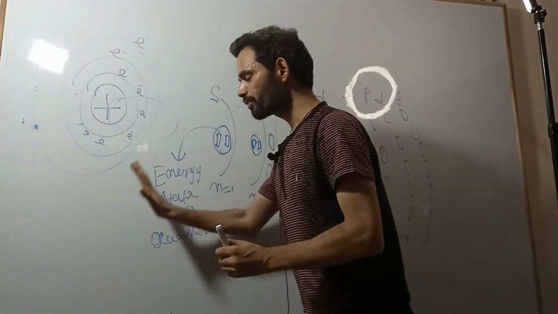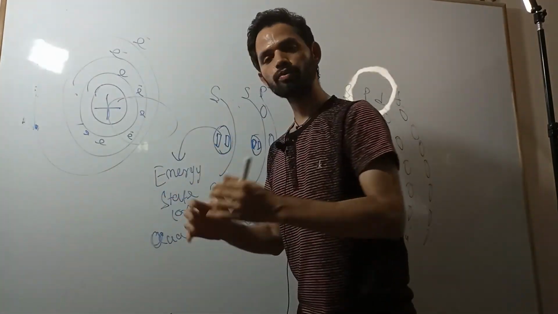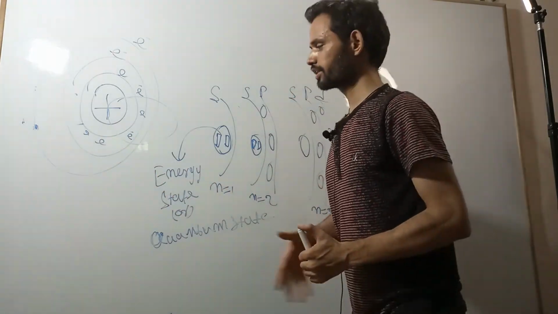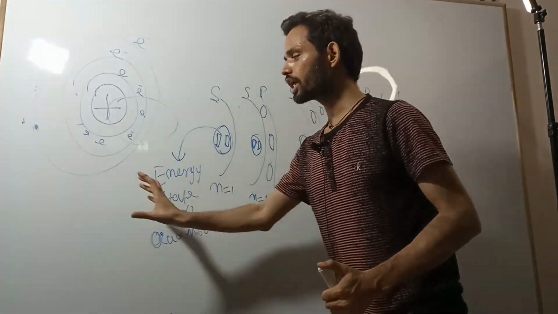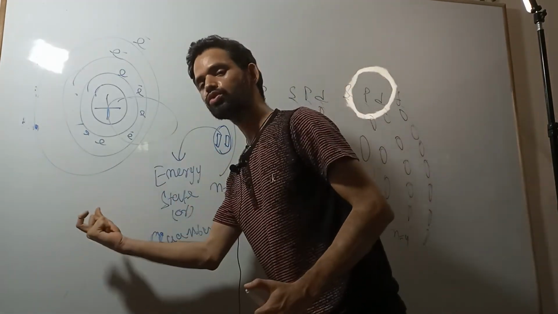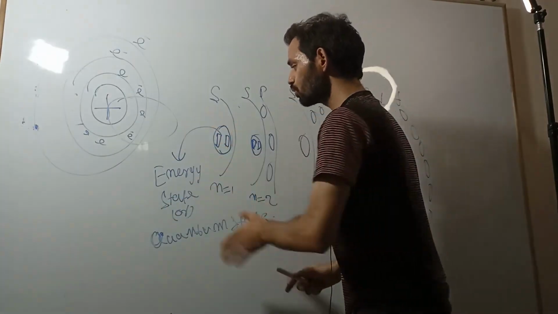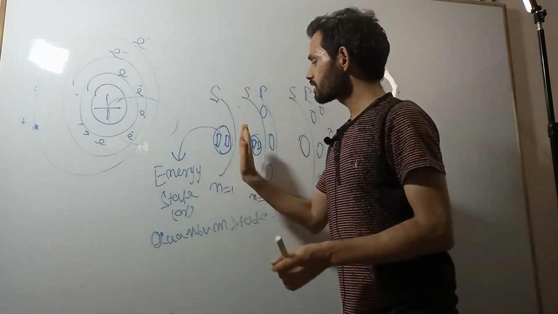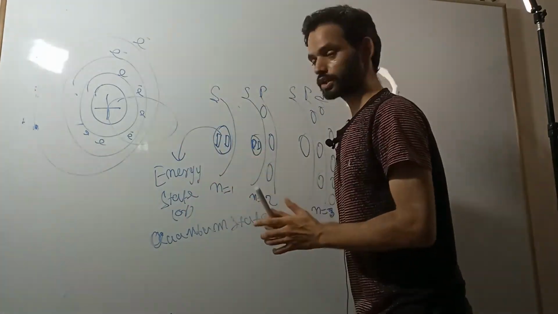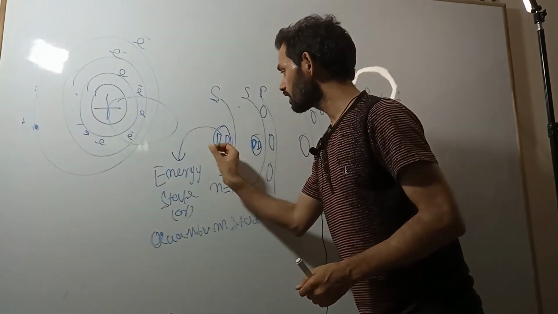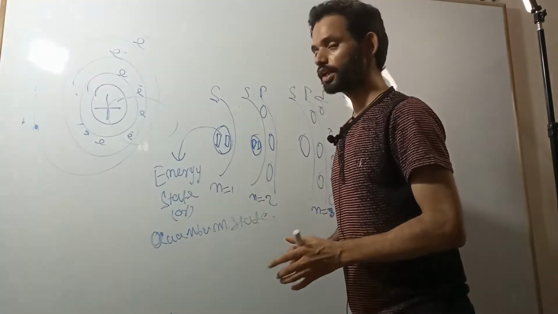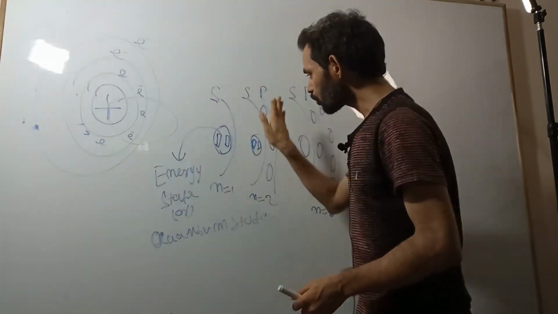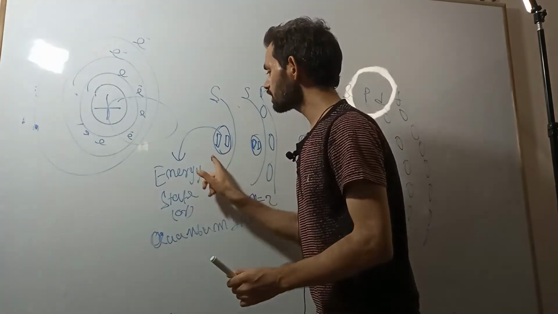Before the electron sits, there is a condition given by the Pauli exclusion principle. It says that no two electrons can sit in the same quantum state. Only one electron is allowed to occupy a single quantum state.